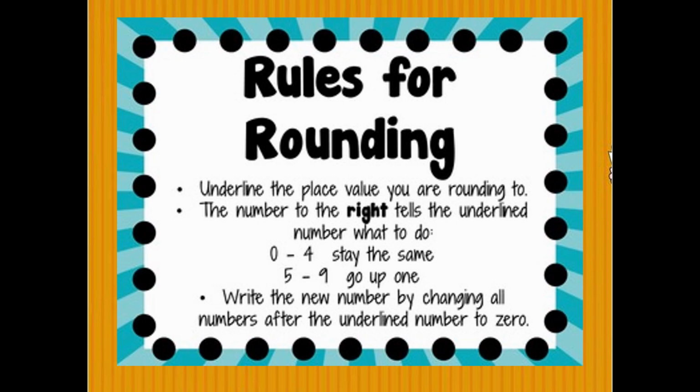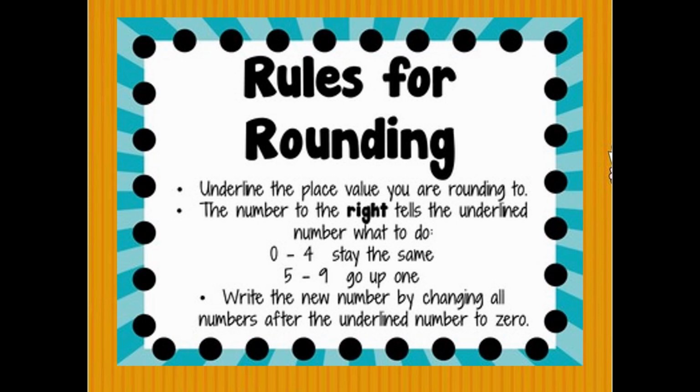Or sometimes, you can circle the digit in the place value that you are rounding to. For example, circle the digit in the tens place if you are rounding to the nearest 10, and circle the digit in the hundreds place if you are rounding numbers to the nearest 100.